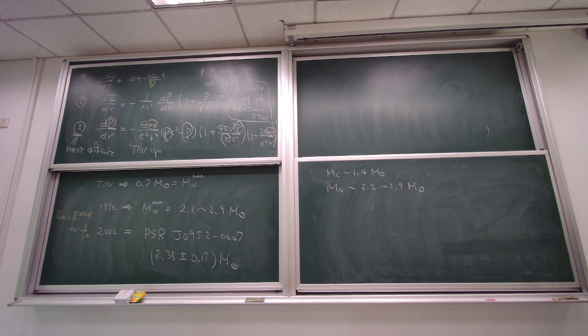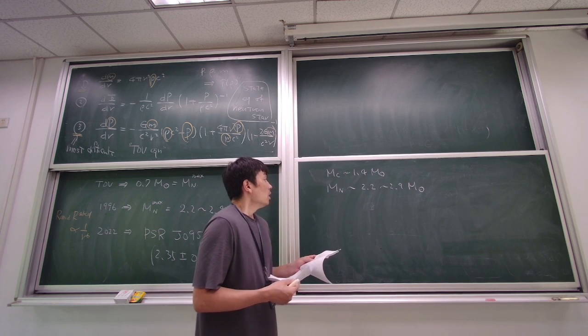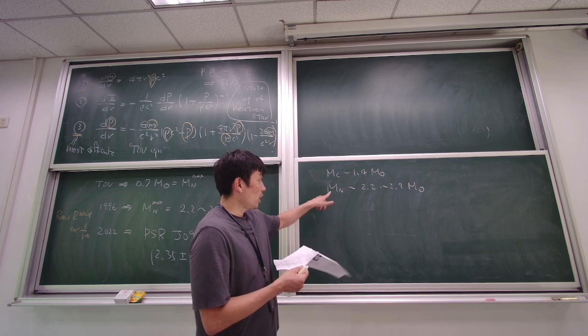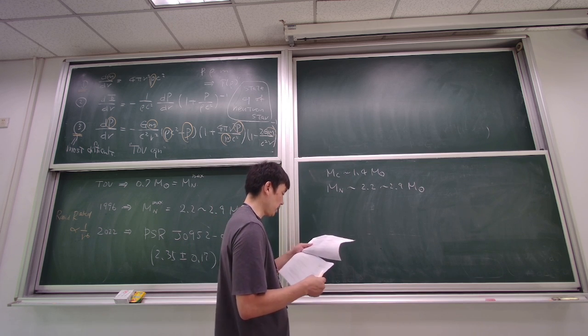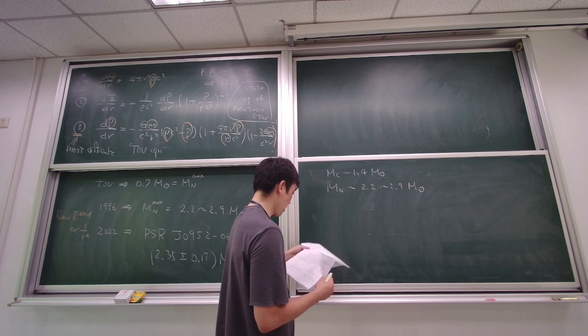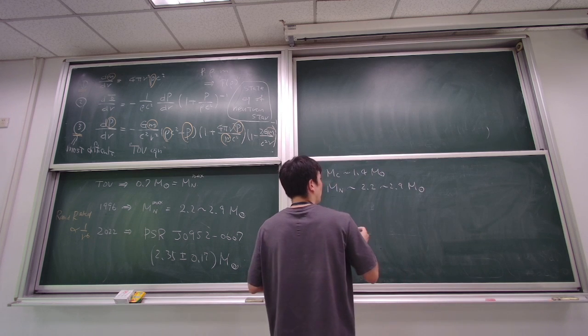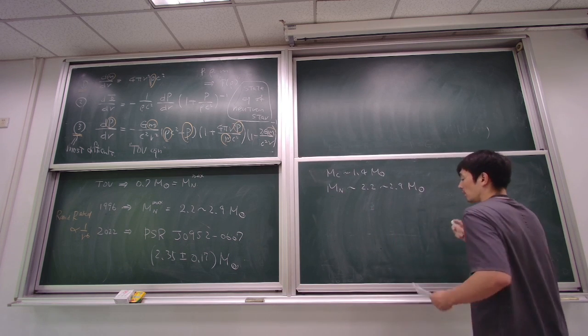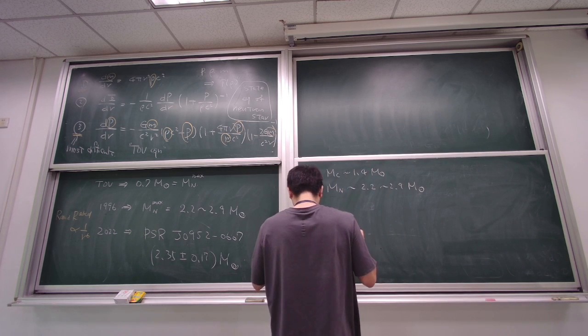But in any case, if the mass is above the Chandrasekhar limit or this neutron degeneracy mass, then they will form the black hole. So now it's believed this way, and that's why the black hole solution is very important. And then let's see what's the causal structure of the black hole.